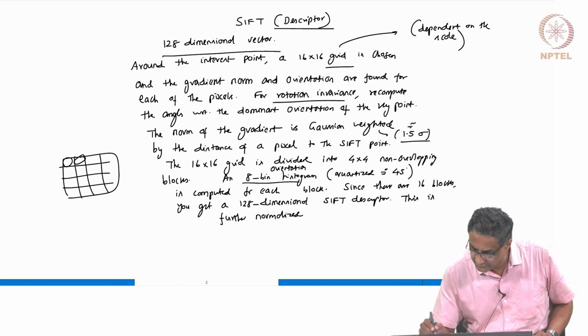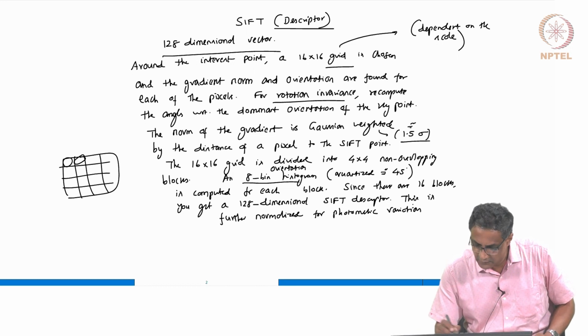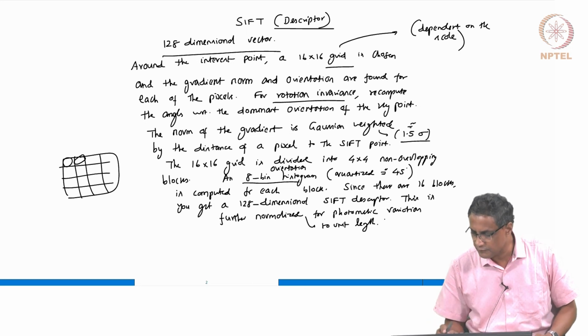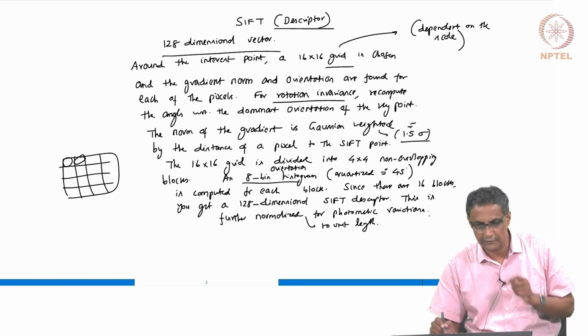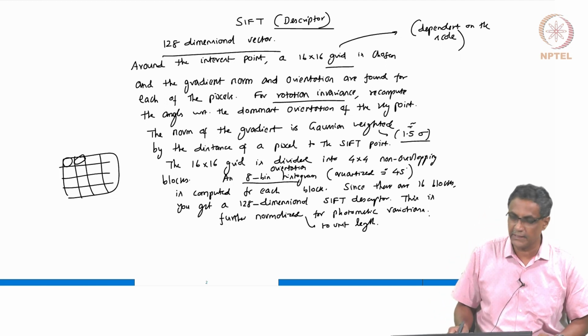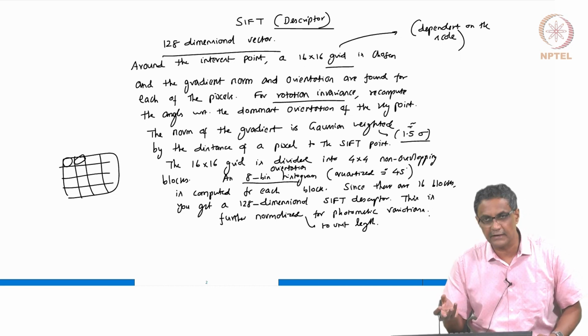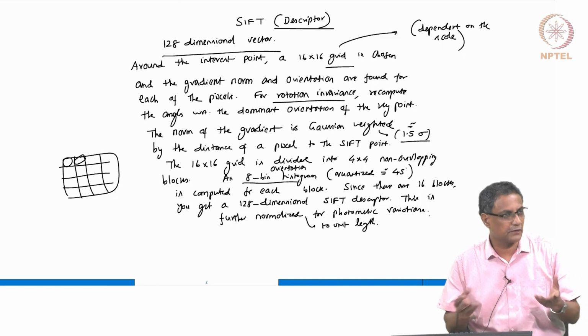So this is further normalized for photometric variations or intensity variations. It is normalized to unit length. It's like saying that if you had a contrast increase, for example, A times I. Of course, if you had an addition, that is anyway taken care of because you're doing a Laplacian, which is like a DoG, which is like a derivative.